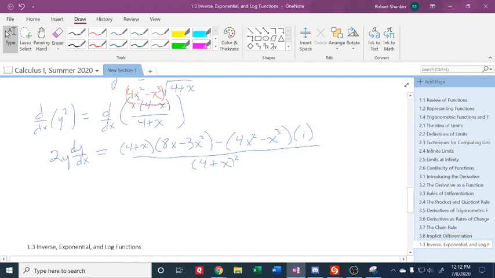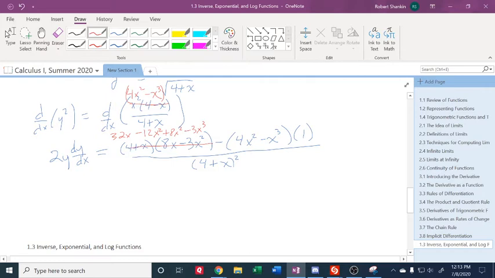Okay, and then I would FOIL out in the numerator and combine like terms. When I multiply the 4, I'm going to get, what, 32x minus 12x squared. When I multiply the x, I get plus 8x squared minus 3x cubed.